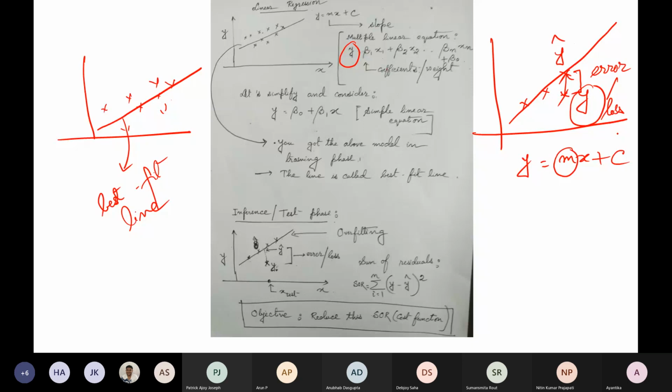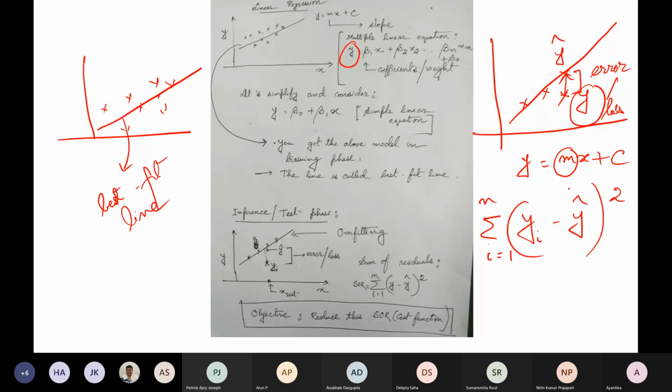Now, what will be your cost function? Cost function means the function you are forming, what you want to do. You want to reduce this y minus y hat. You are taking multiple points, you are taking the sum of squares form. That means you are taking yi minus y hat, for i equal to 1 to n, and you are considering this sum of residuals.